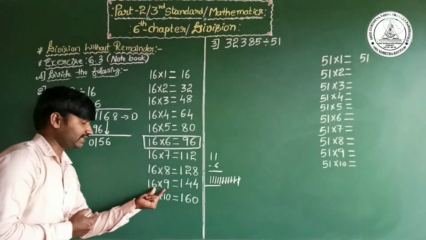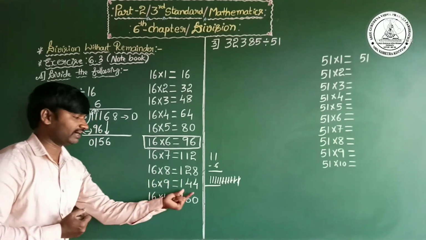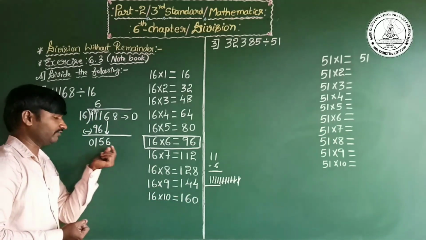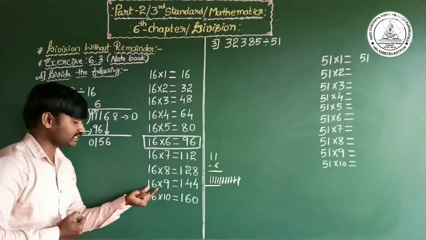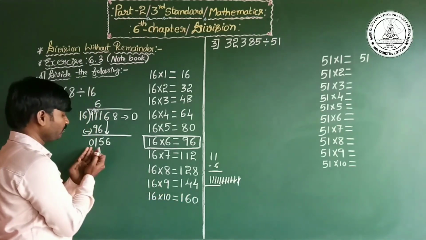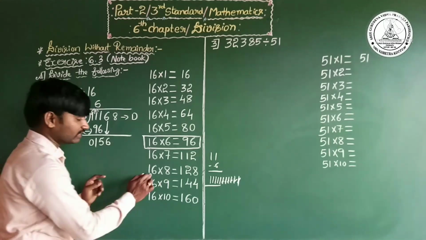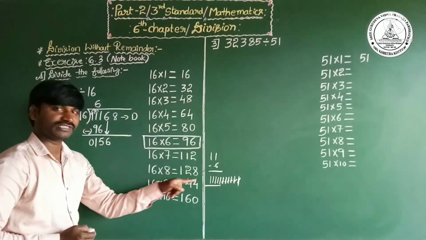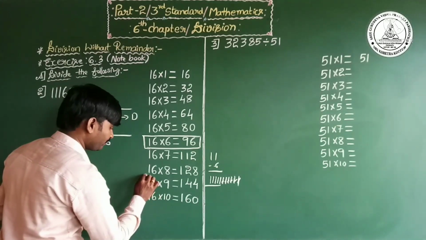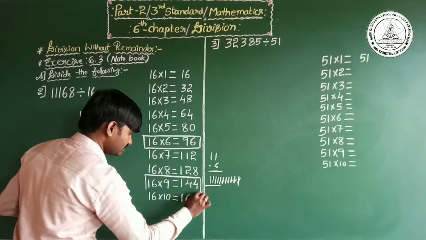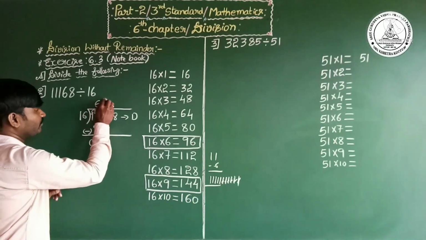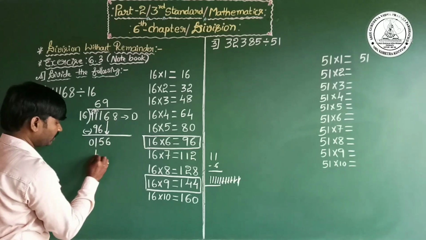So you take 16 9s are 144. 144 is the nearest number to 156. Here 16 8s are 128, which is very small. Yes, dear student, you take 16 9s are 144. You write here 144.